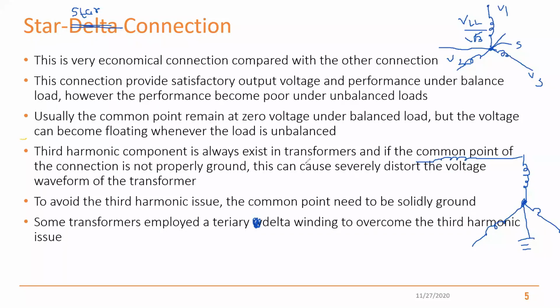In a delta connection the third harmonic component is trapped. Once you have this kind of delta winding, the effect is neutralized. So the star-star connection has a lot of drawbacks.